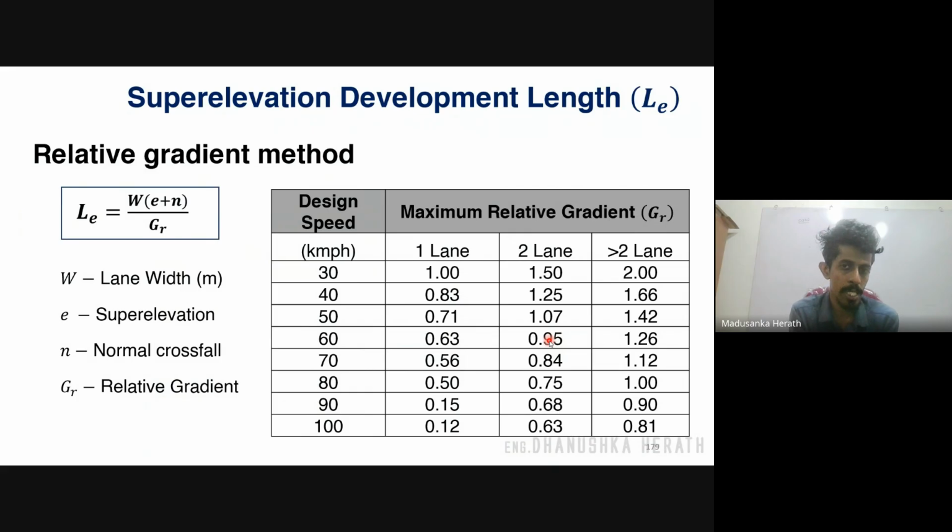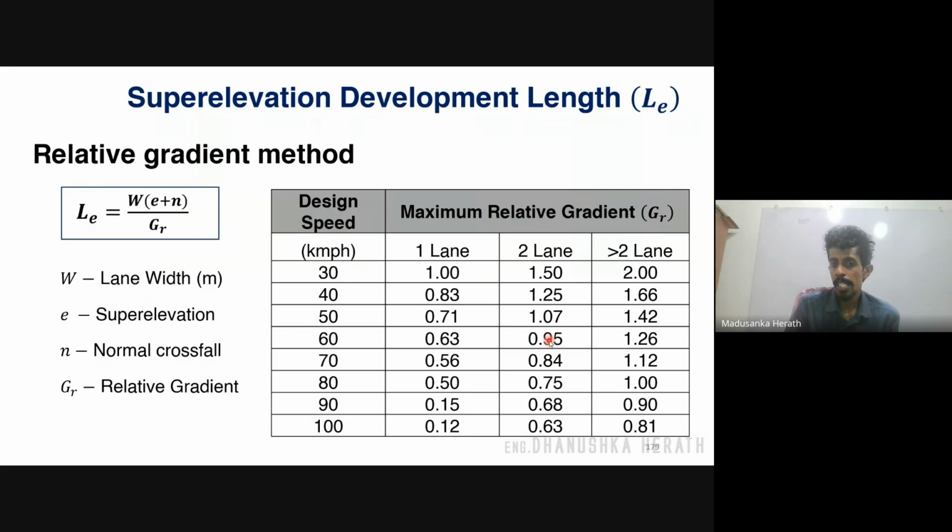So the super elevation development length LE is equal to W times E plus N divided by GR. Here W is the lane width, E is the super elevation, N is the normal crossfall, GR is the relative gradient. Right, we have different relative gradient values defined for different speeds and different roads with different lanes.